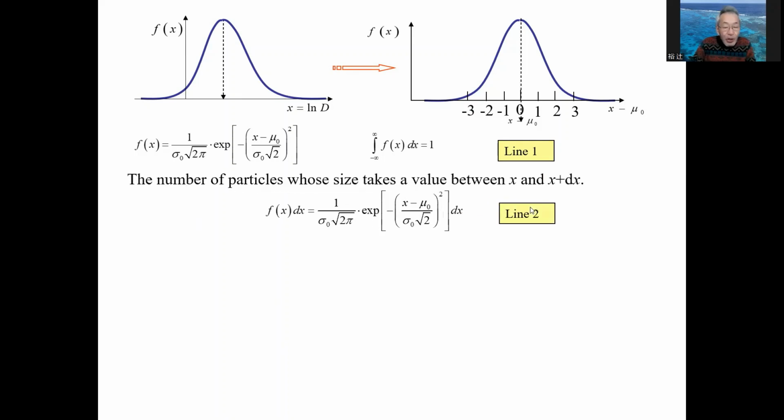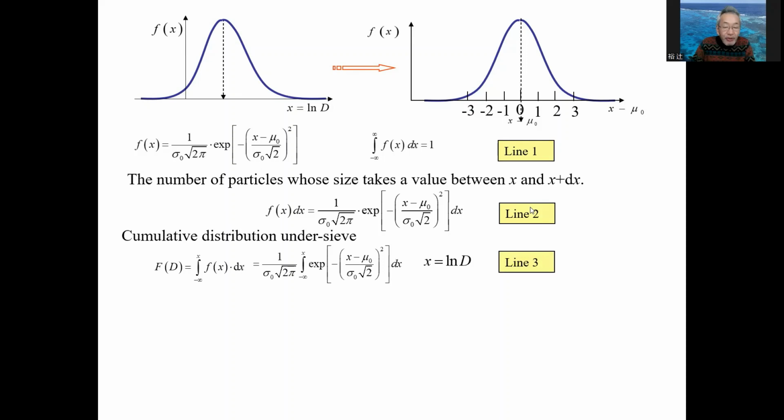f(x) dx shown on the second line is the number of particles whose size takes a value between x and x plus dx. Using the equation on the second line, the cumulative undersieved distribution F(t) can be expressed by the equation shown on the third line.